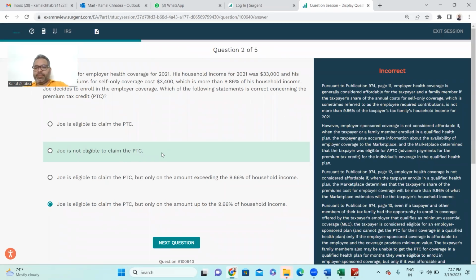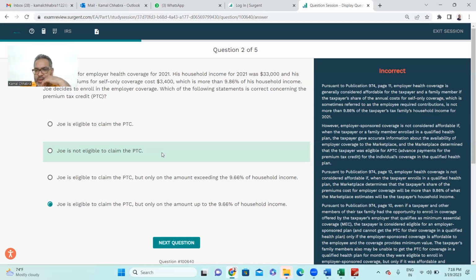Let's understand why. Employer health coverage is generally considered affordable for the taxpayer and family members if the taxpayer's share of the annual cost of self-only coverage, sometimes referred to as the employee required contribution, is not more than 9.86% of the taxpayer's household income. This limit has increased from 8.5% to 9.86%.